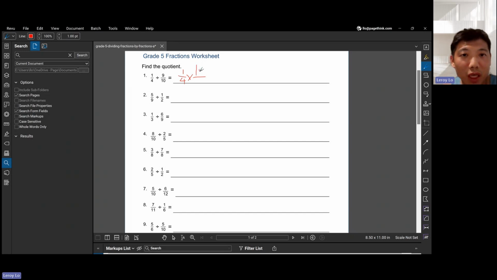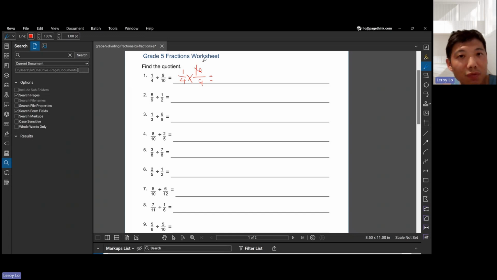So I'll put 10 and 9 here, and then we change this to multiply now. Step 2 will be cancel out the common factors.